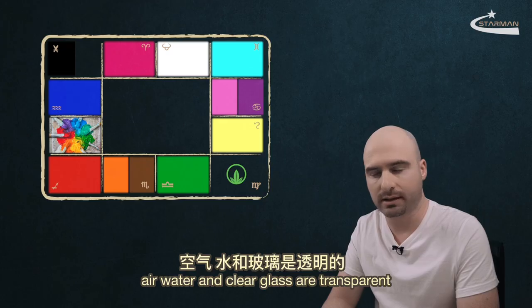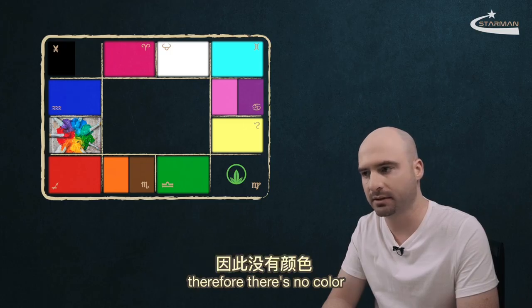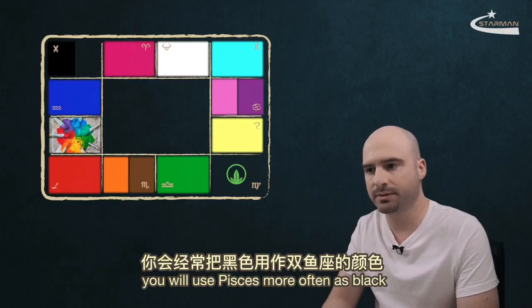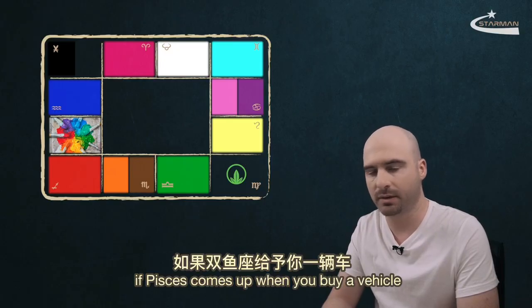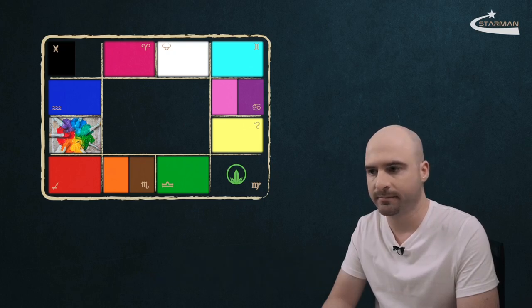Air, water, and clear glass are transparent, and glass is transparent to all visible light, and therefore there's no color. Of course, practically speaking, you will use Pisces more often as black, right? If Pisces comes up when you buy a vehicle, then you will get a black car.